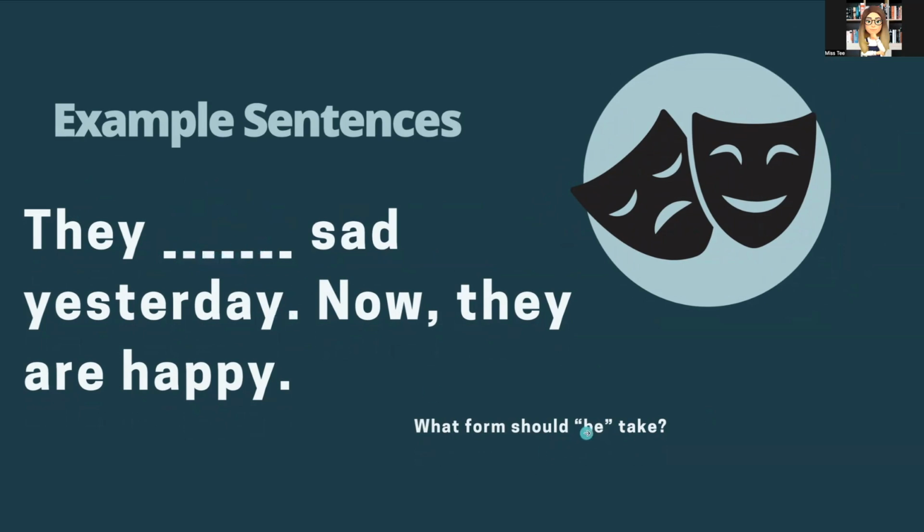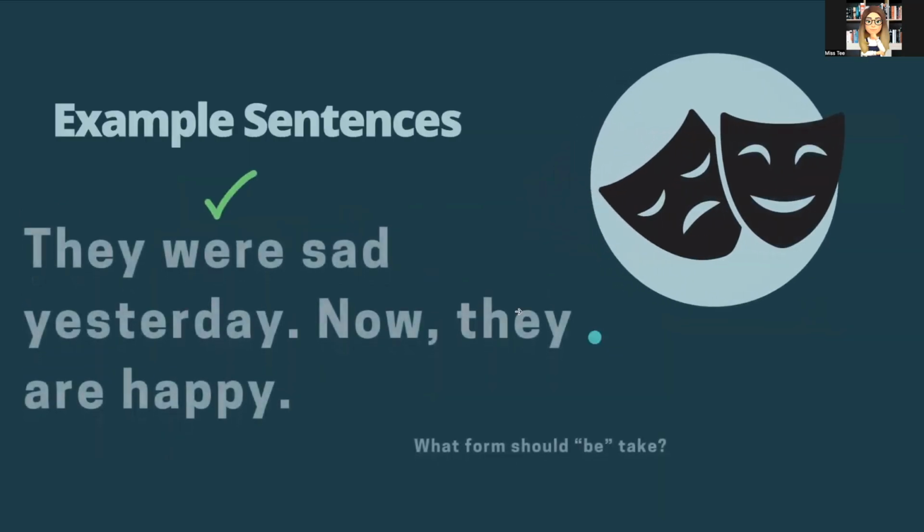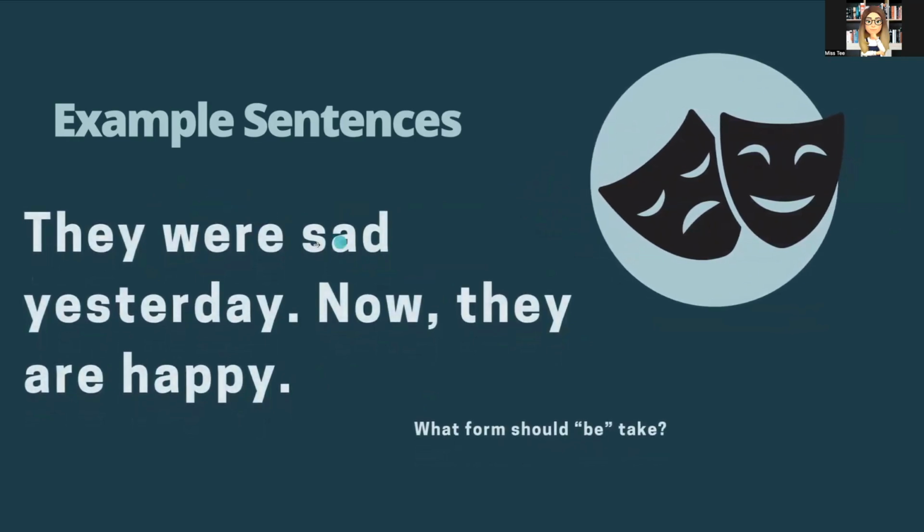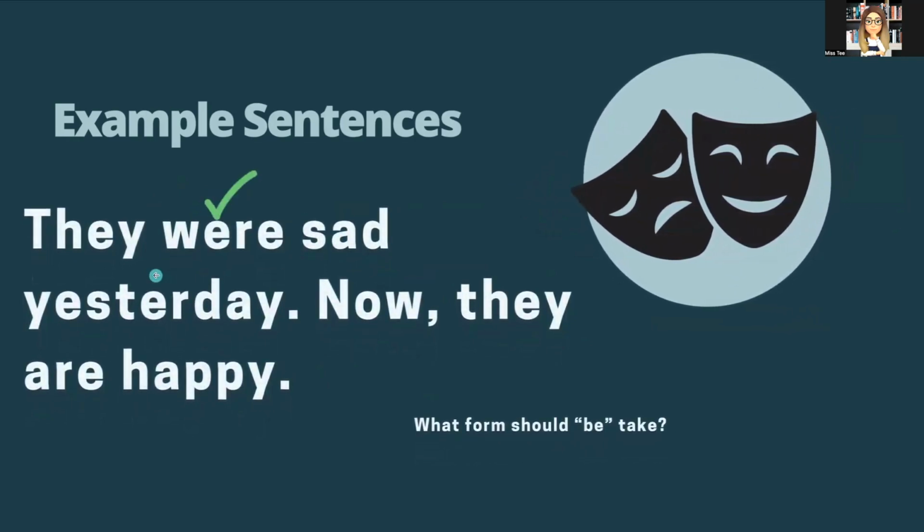So we need the past form of be for plural. What could that be? What is that? They were sad yesterday. Now they are happy. So were is the correct form of be and the past form for the plural they.